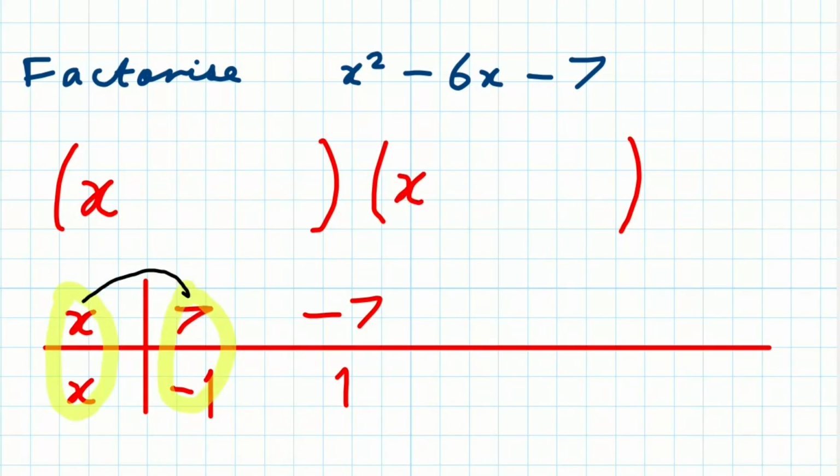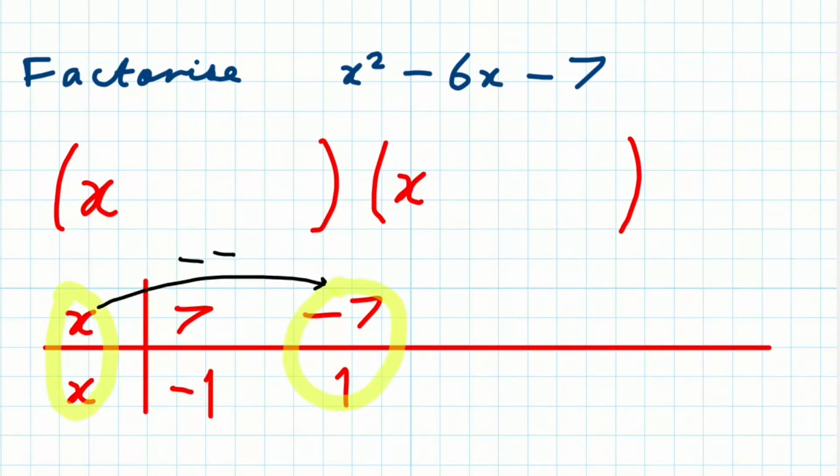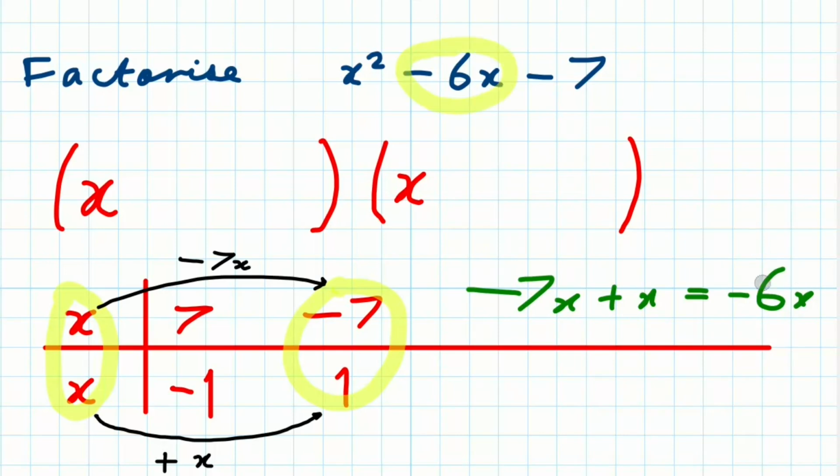The first terms have to be both x. If we said x times 7, that would give us plus 7x. X times minus 1 would give us minus x. Plus 7x minus x would give us plus 6x. That's wrong. We need minus 6x. So we'll try the other one. X times minus 7 would give us minus 7x, and x times 1 would give us plus x. Add those together, we get minus 6x.